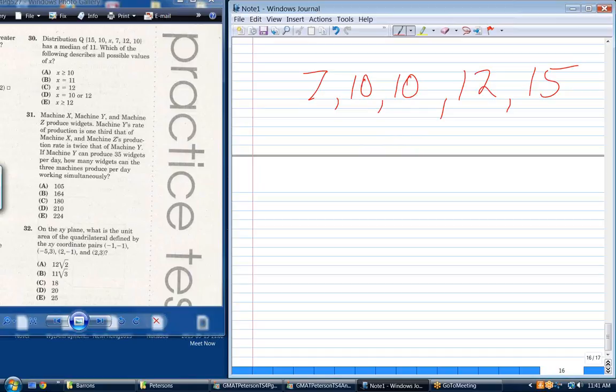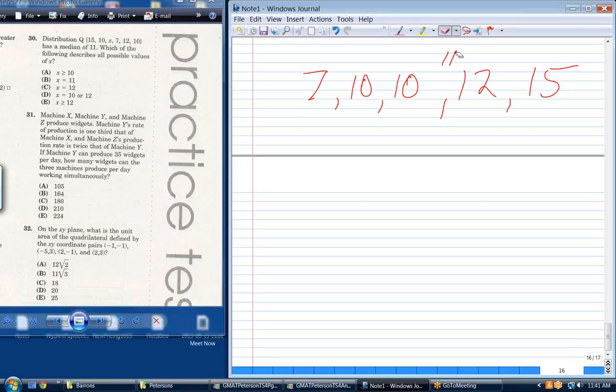Okay, so does x have to be bigger than 11 or smaller than 11? I would say bigger than 11. Right, because if x was 5, then the median would be 10. Mm-hmm. So if x was 11, the median would be 10 and a half.